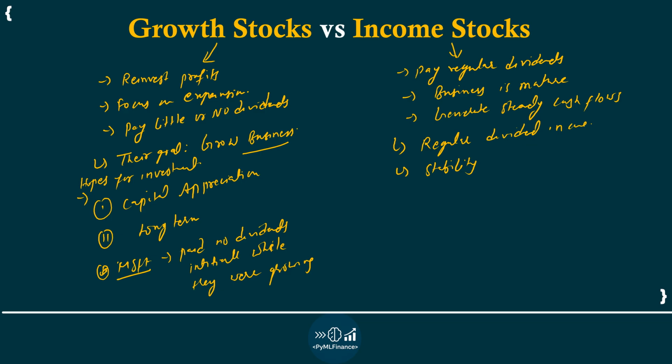Now one thing to remember here, as discussed already in earlier videos, dividends are not guaranteed. No company guarantees dividend payment. A company can reduce or stop paying dividends. Now one important insight here is a company can change categories over time.